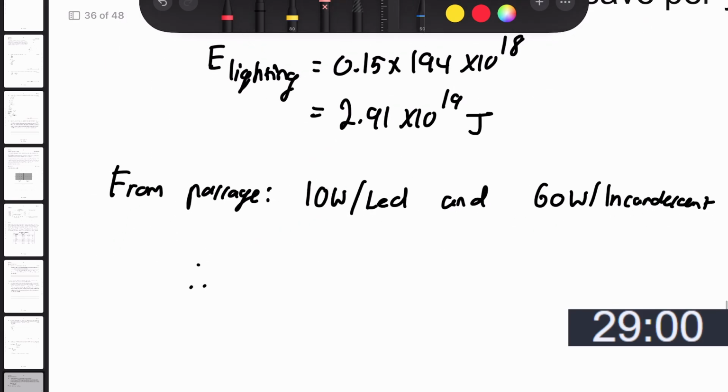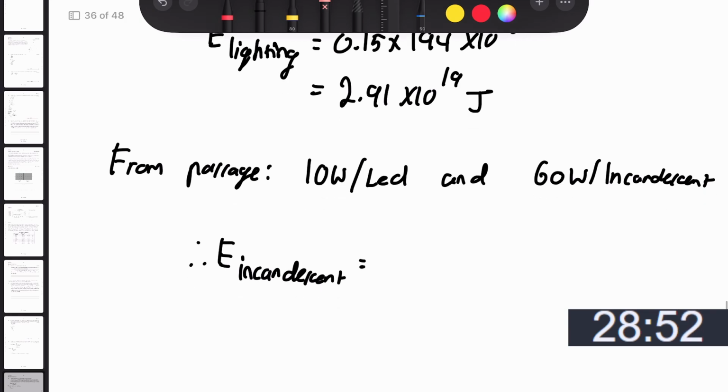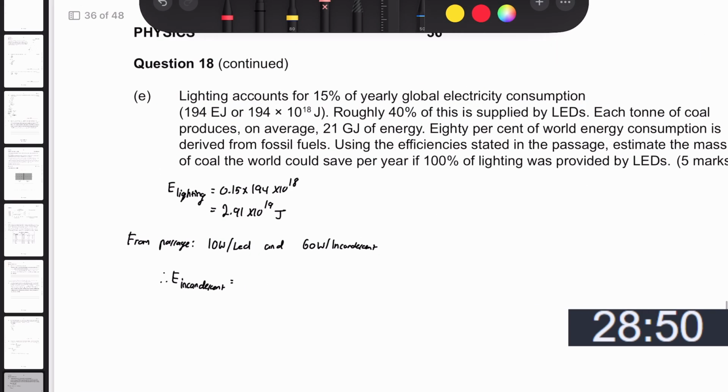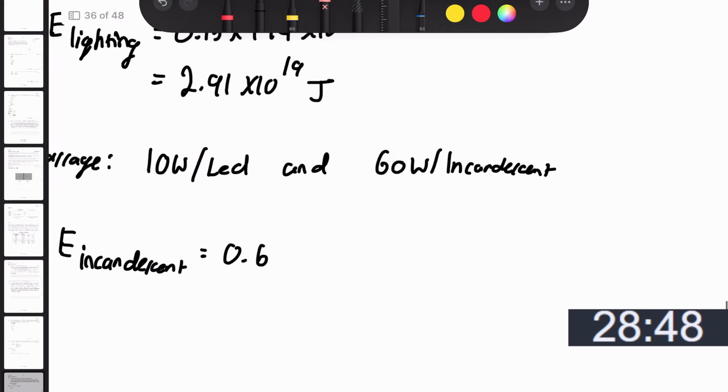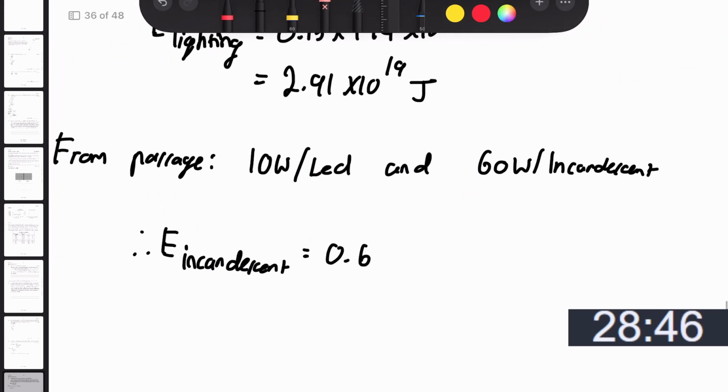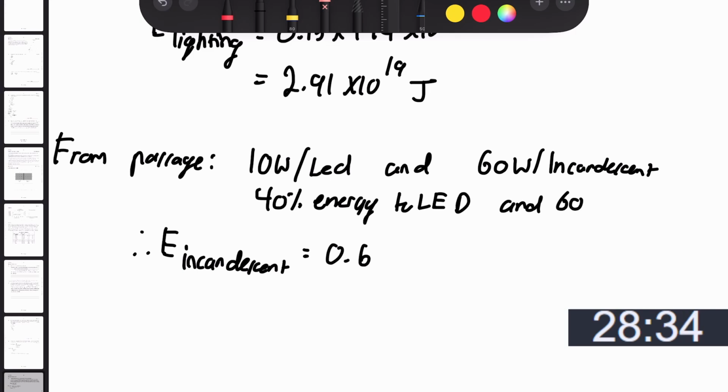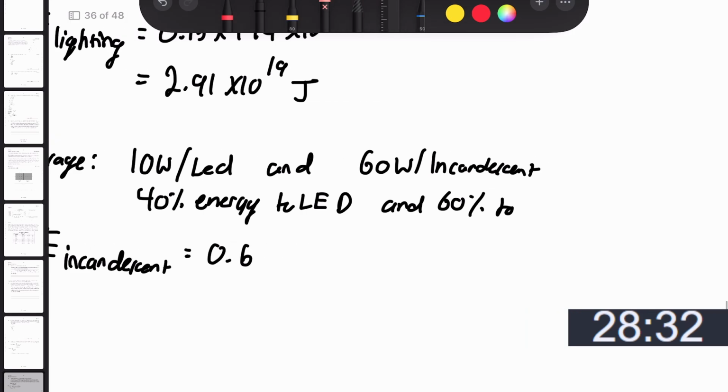For energy from an incandescent, equal to 0.6. So 40% energy to LED and 60% to incandescent.